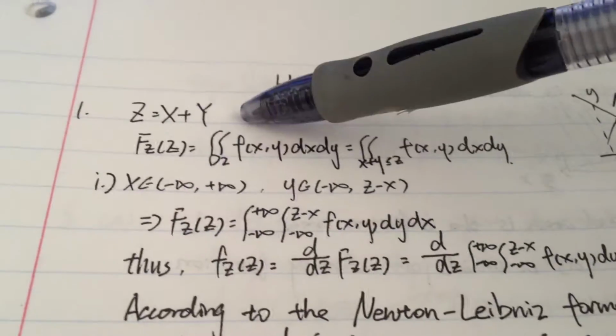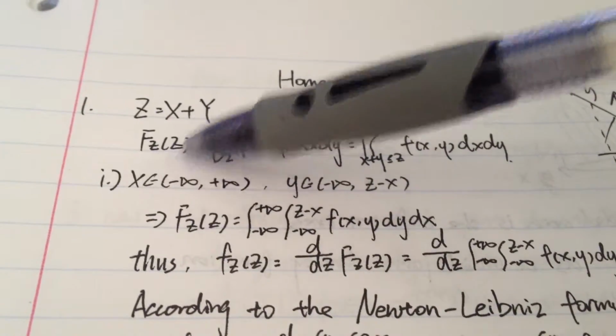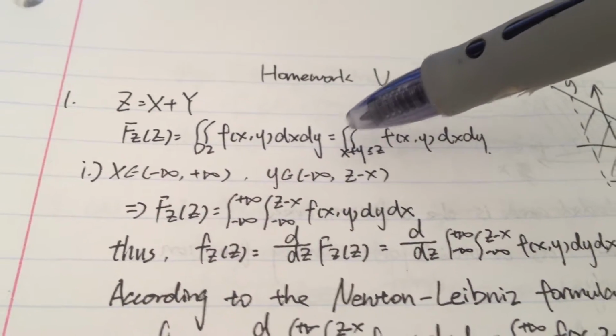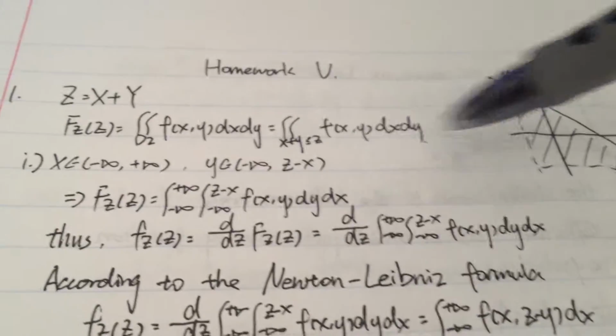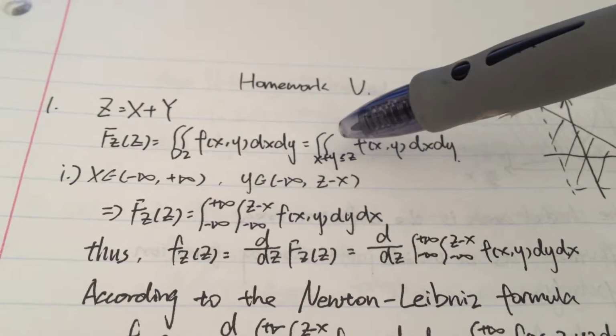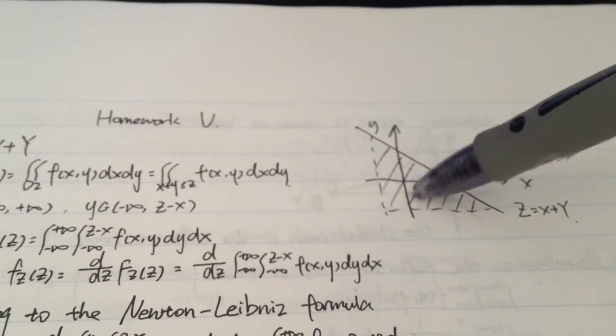Well, for our first question, the joint distribution function Fz equals this part according to the definition, and the definition area is x plus y less than or equal to z, and it's this shaded area.